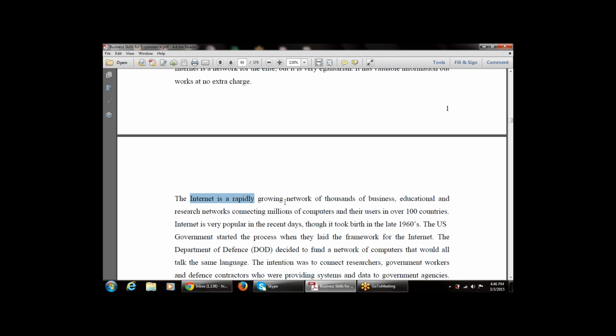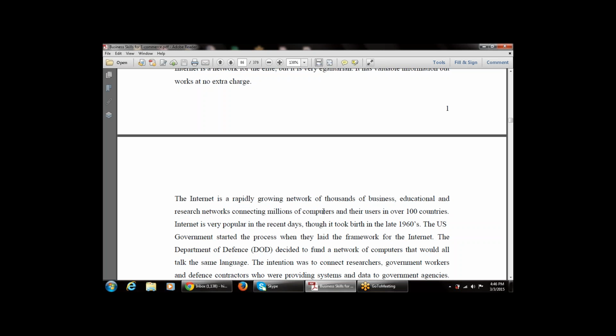The internet is a rapidly growing network of thousands of businesses, educational, and research networks connecting millions of computers. That is, there are more than 1000 businesses available.